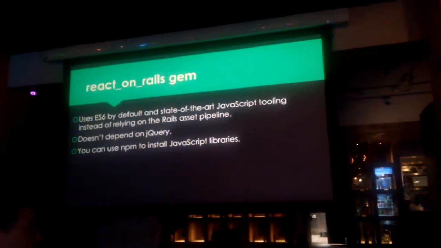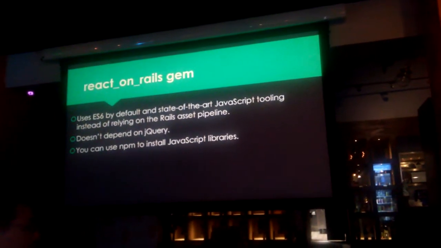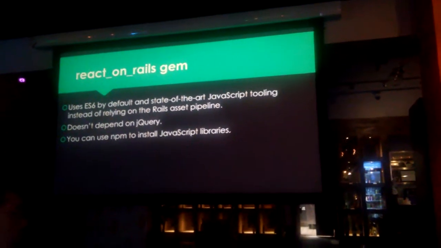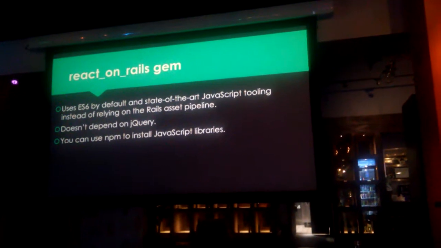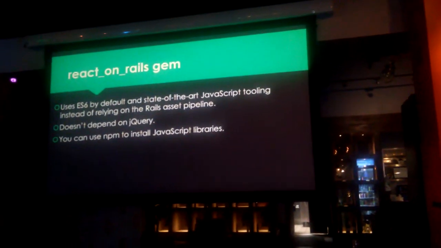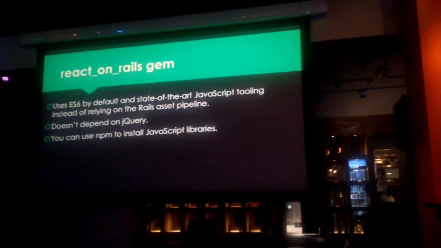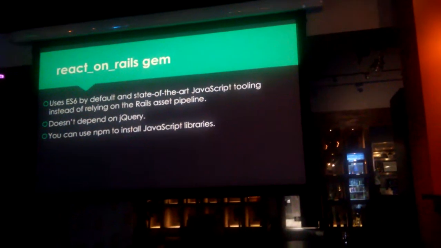So the second way, another super popular gem for this is called React on Rails. And what's neat is it uses ES6 by default, and it has all these cool JavaScript tools like Webpack, and you don't have to rely on the asset pipeline. It also doesn't depend on jQuery.